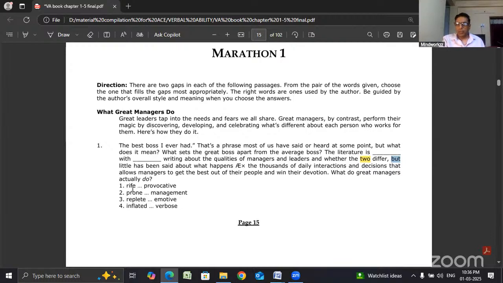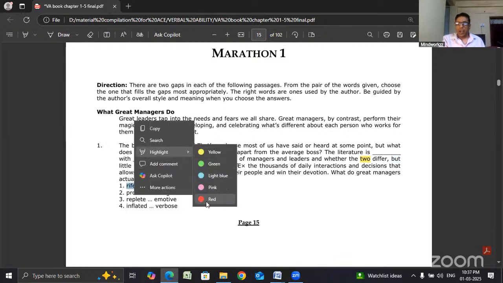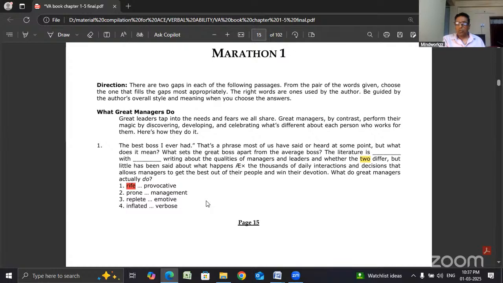First of all, many of you, I don't say all, many of you have not used the word rife. You have not come across the word rife very regularly. And second, replete is a word that comes very naturally to you.